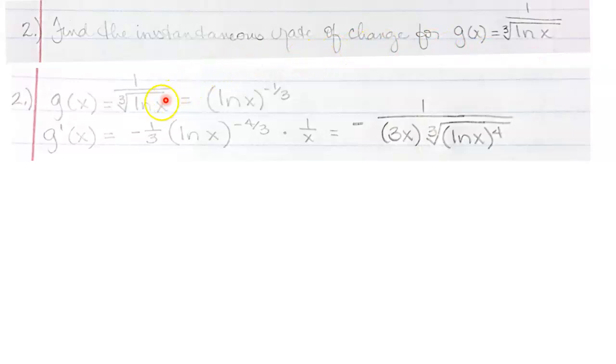So remember that I've got ln x to the 1 and it's the cube root of that. So that would be ln x to the 1/3. And then to get it out of the denominator, to get rid of that fraction, it would be to the negative 1/3. So now the derivative of anything to the negative 1/3 is going to be negative 1/3, that thing to the negative 4/3, because we're going to say negative 1/3 minus 1, negative 4/3.